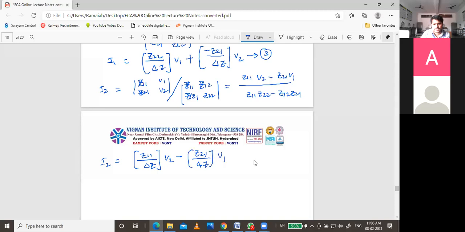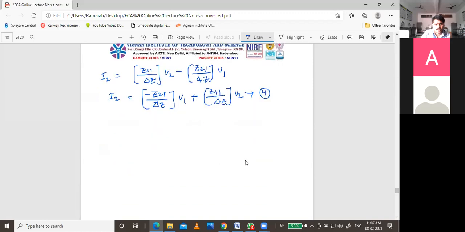Writing the V1 term first and the V2 term second, I2 equals minus Z21 by delta Z into V1 plus Z11 by delta Z into V2, equation number 4.